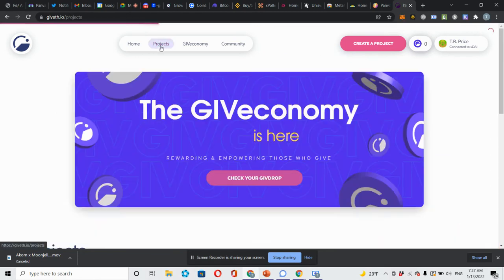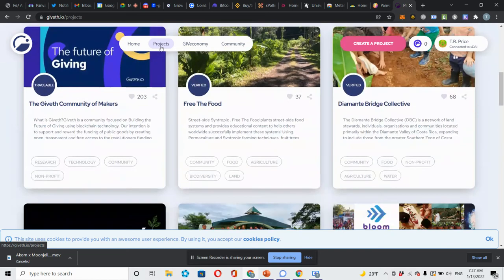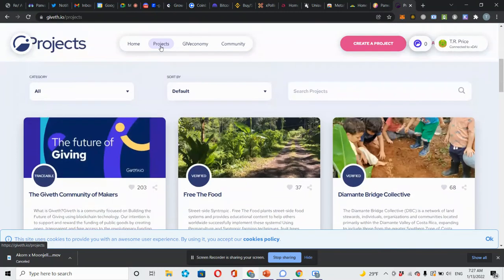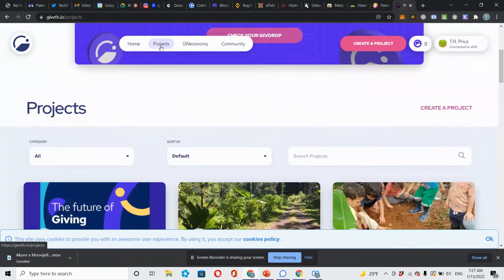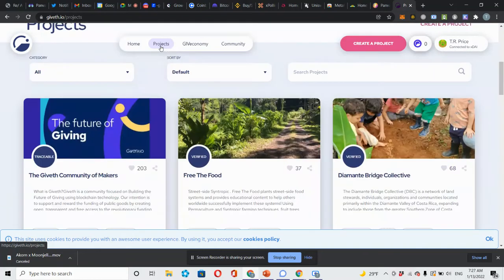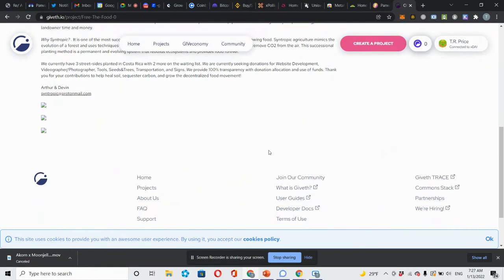You can see other projects here: Free the Food, Diamante, etc. Bloom Network, and they just came up with their own token system on this platform. So you can either donate to these projects in Giveth or PAN.